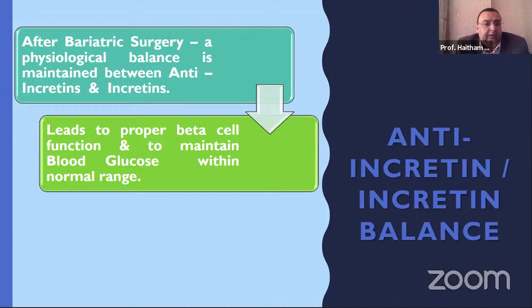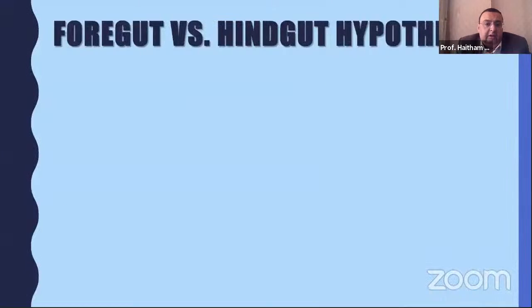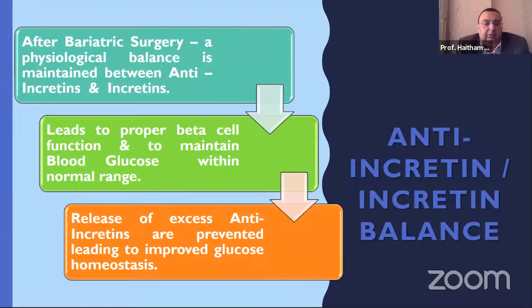After bariatric surgery, the physiological balance between the incretins and anti-incretins will lead to proper beta cell function, maintaining normal blood glucose ranges, and will decrease the excess anti-incretin effect, which will make the blood glucose levels more optimal.